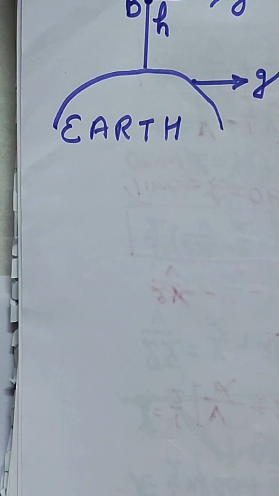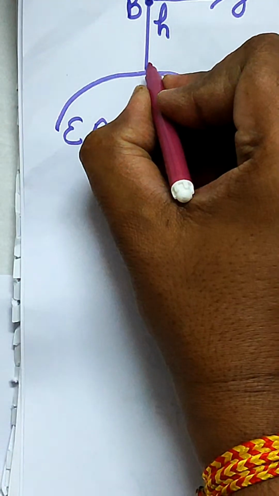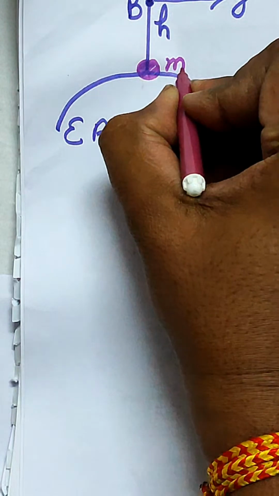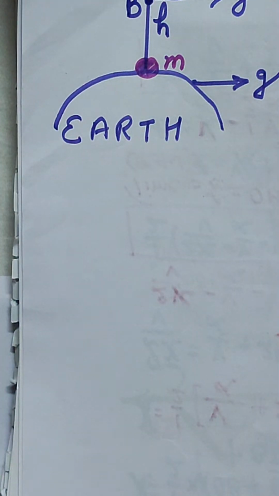let us consider a body of mass m lying on the surface of earth, right? Here the body with mass m is lying over here, a small m, right?